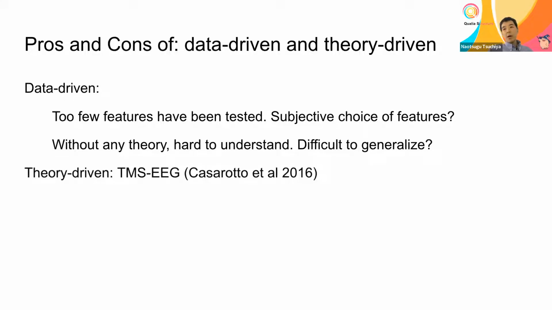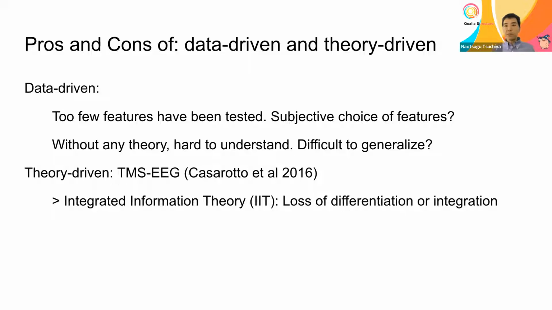On the other hand, there is a different kind of approach, such as a theory-driven TMS-EEG paradigm. This TMS-EEG paradigm was inspired by a theory of consciousness called IIT, Integrated Information Theory. Originally, they proposed that the level of consciousness should be supported by differentiation and also integration at the same time.